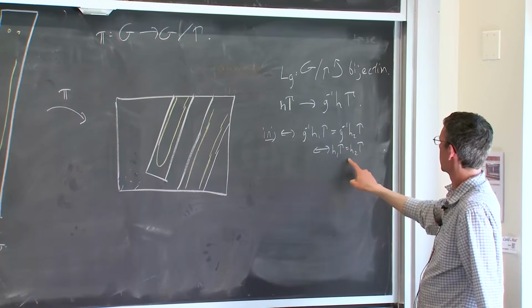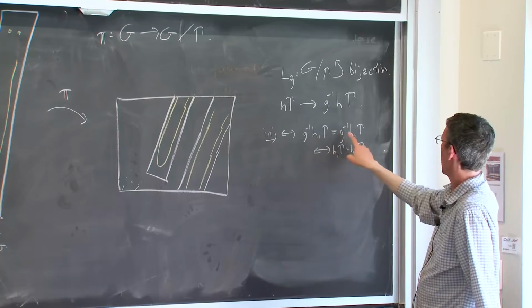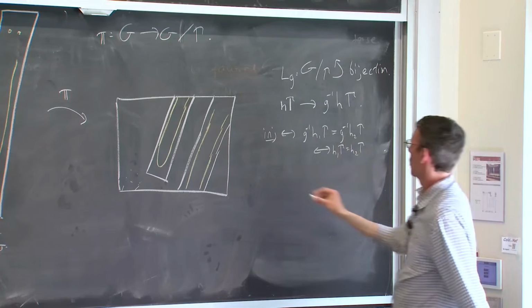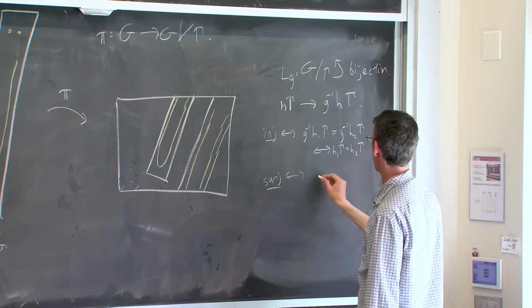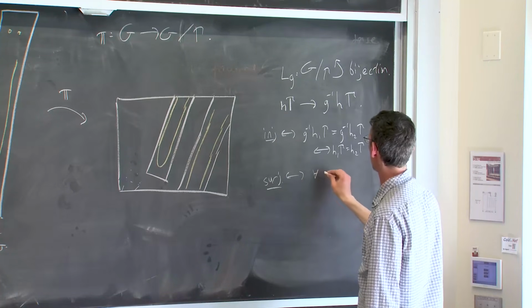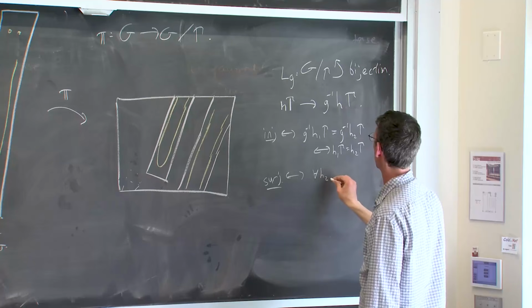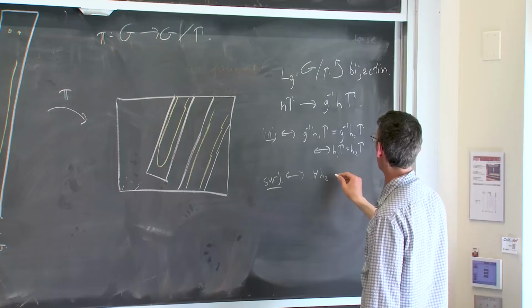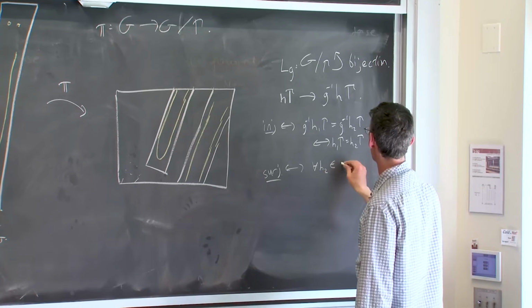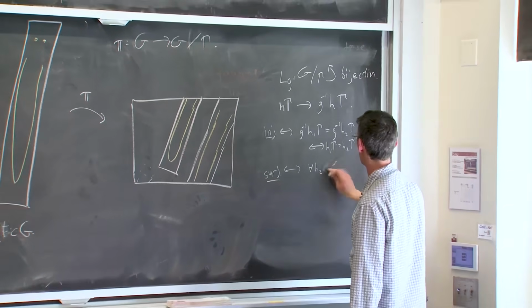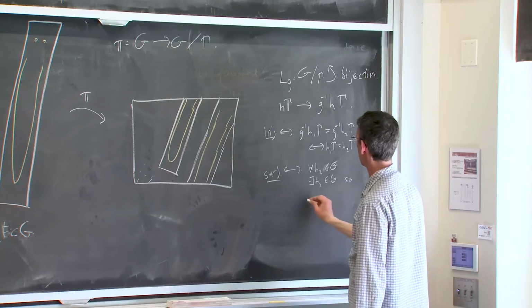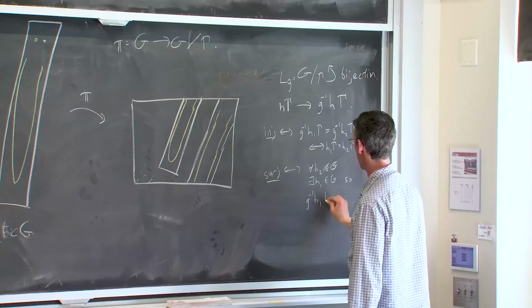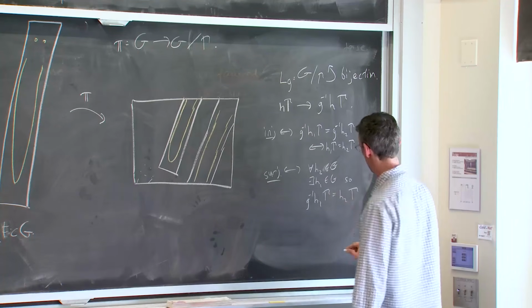So is this clear? Yeah, you multiply on both sides by G. OK, surjective, that means that for every H2 in G, there exists H1 in G, so that G inverse H1 gamma is H2 gamma.